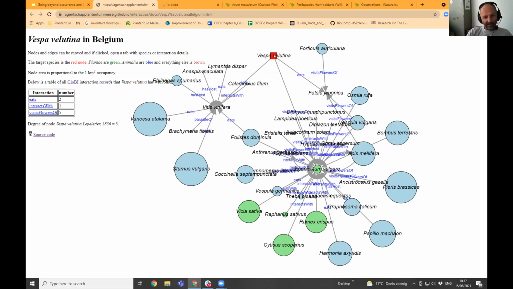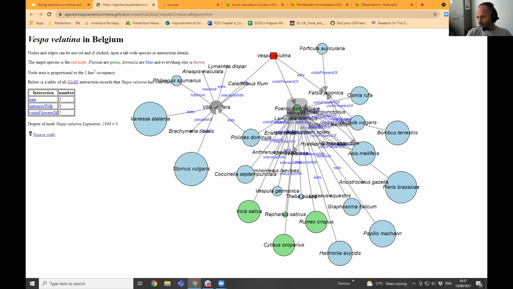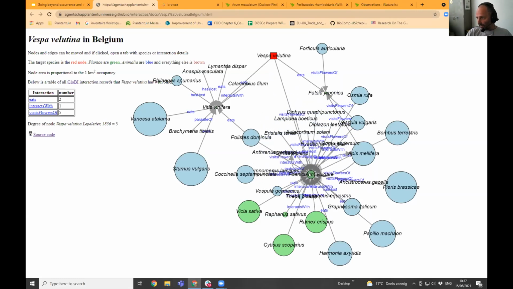One is Vespa velutina is not a massive eater of grapes. It apparently visits the flowers of fennel, and apparently it also eats Fatsia japonica. Well, in actual fact, it probably just visits the flower. But we know the Vespa velutina eats many more things than this.